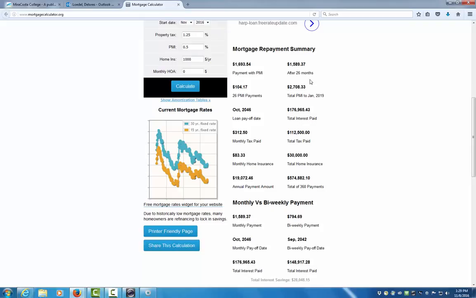Then there's the payoff date, total amount of interest paid, total taxes paid, home insurance, and total of the 360 payments. So it's showing you the total interest, principal, taxes, home insurance, everything all together, and your annual payment amount as well. It's a nice little summary.